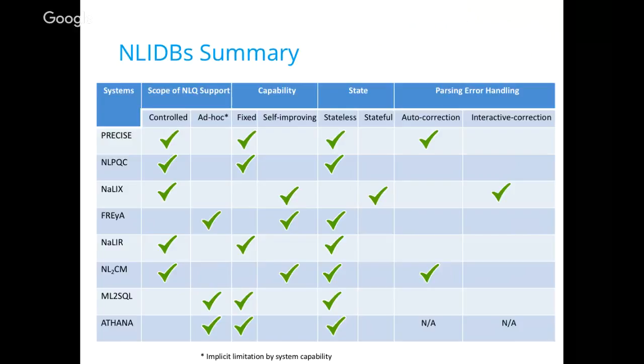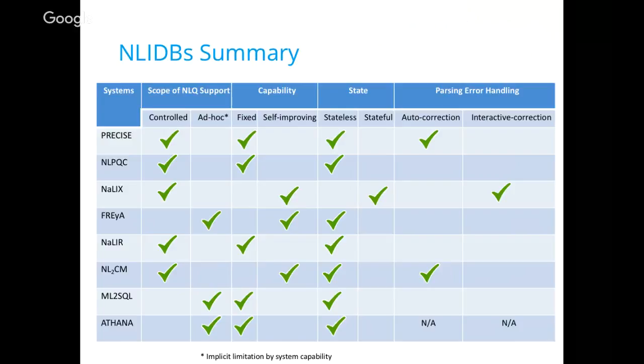In terms of capability, which means what the system can support out of the box, and after a certain amount of time, whether the system can actually adapt to the new domain. As we can see, the 2 self-improving aspects relate to 2 of the systems. In Nanex, it is more about the scope of NLQ it can support.